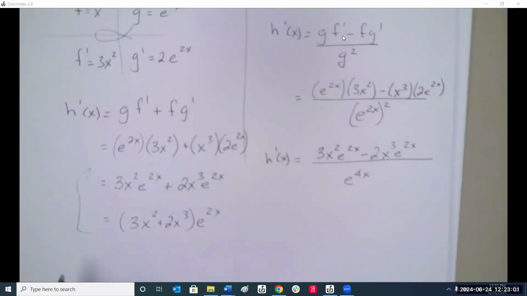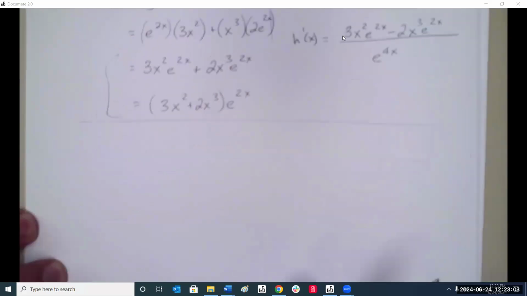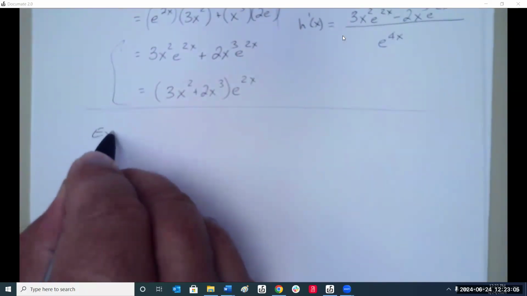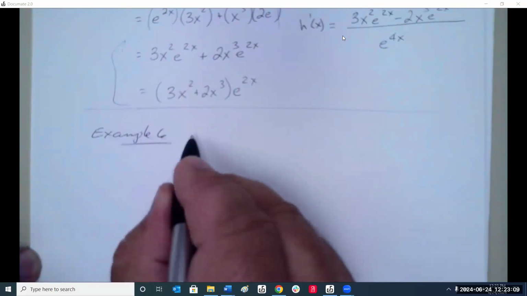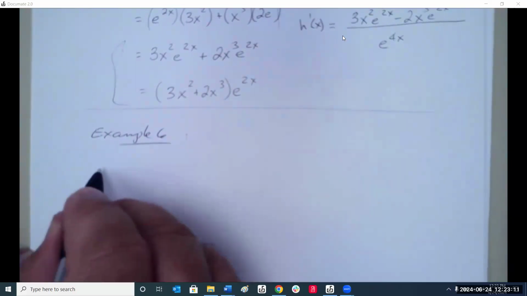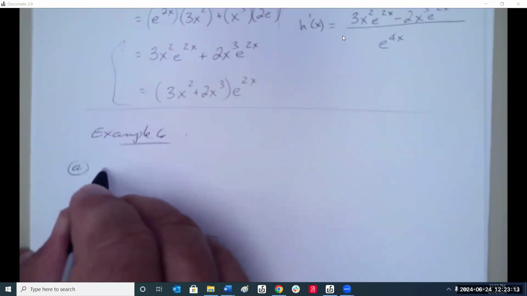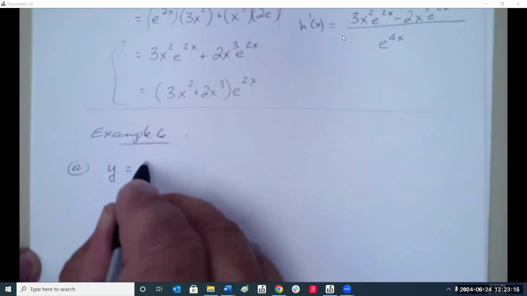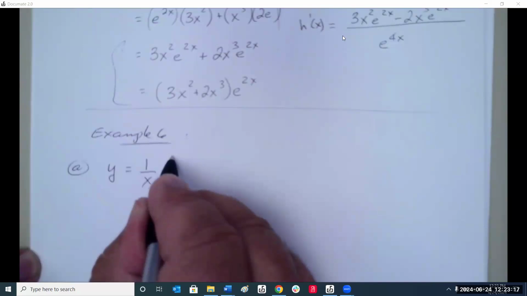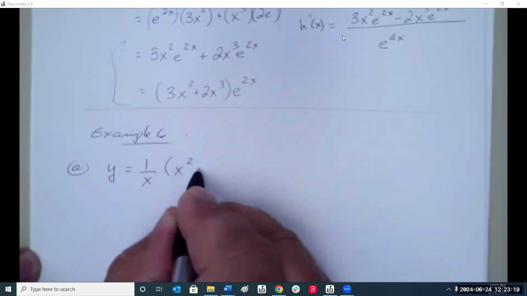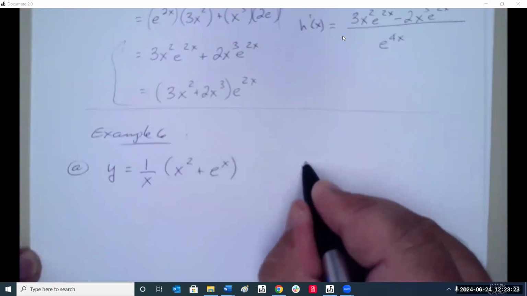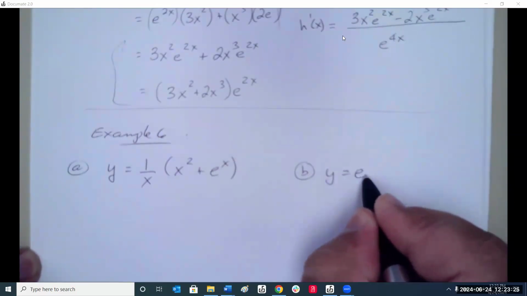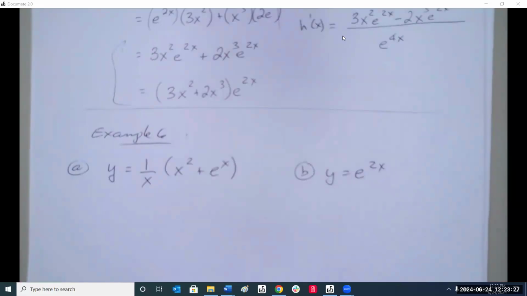All right. Let's look at example 6. Find the derivatives of y equals 1 over x squared plus e to the x, and y equals e to the power 2x.